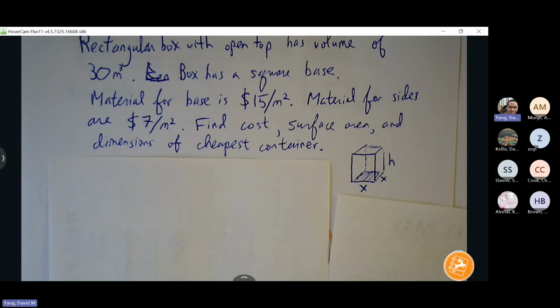Okay, let's go ahead and get the volume out of the way because we know that surface area and cost is going to be the one that we're actually working with in terms of the derivative.